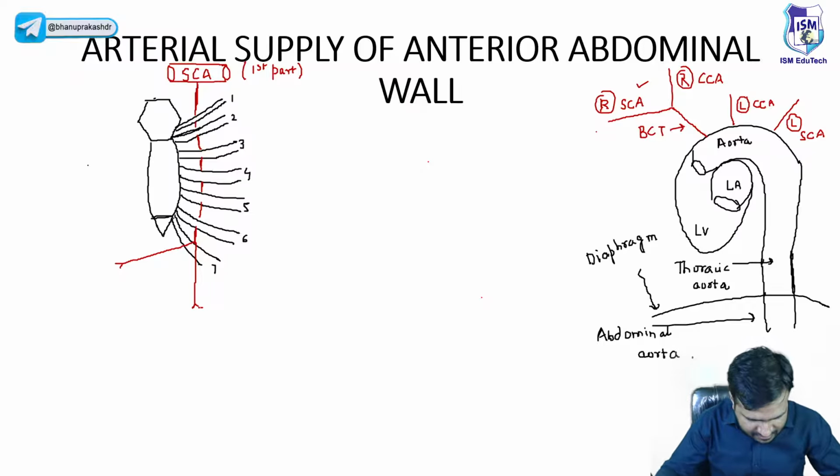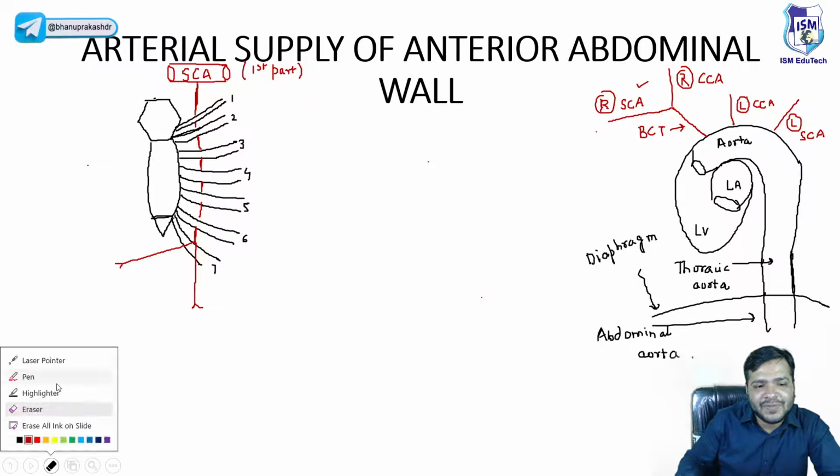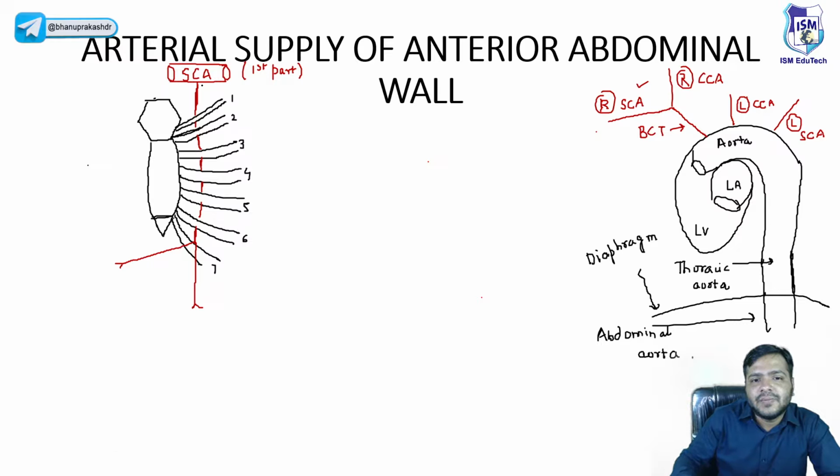Yes, it is the internal thoracic artery. Very good beta. तो ये बिल्कुल क्लियर हो गया है. I'll just mark it with another color so that you don't assume it to be a branch.